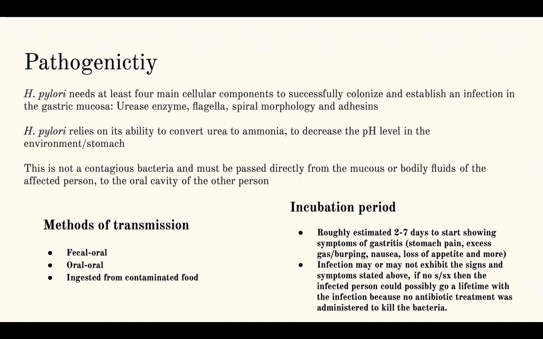This is not a contagious bacteria and must be passed directly from the host in the mucus or bodily fluids of the affected person to the oral cavity of the other person. So methods of transmission are the fecal-oral route, ingested from contaminated foods.